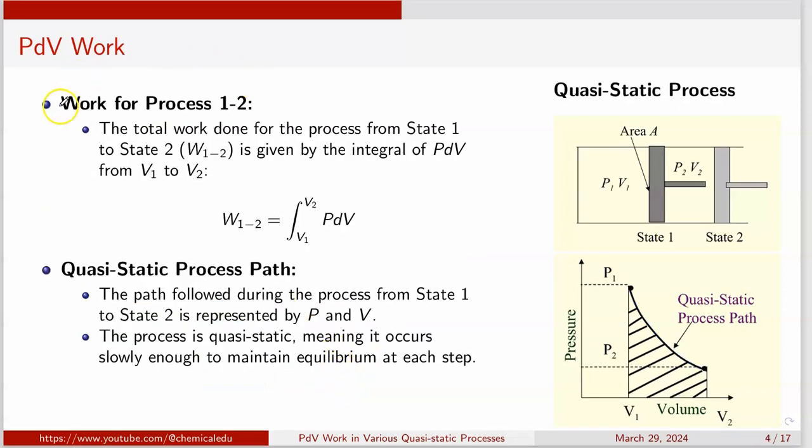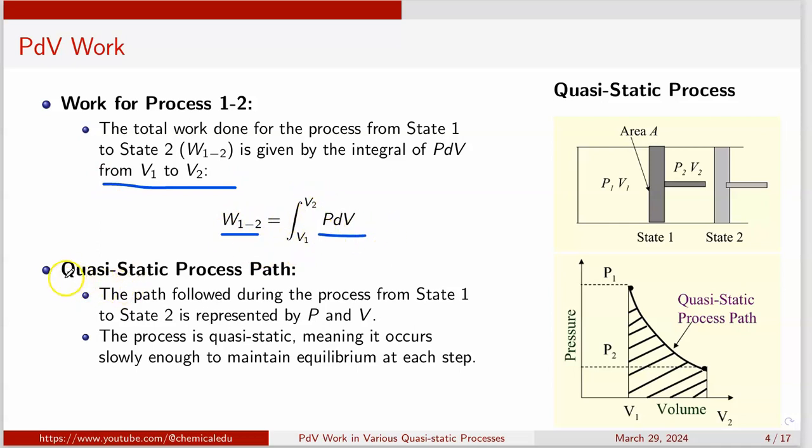So the total work done for the process from state 1 to state 2, W1-2, is the integral of PdV, that is, integration from V1 to V2 of PdV.